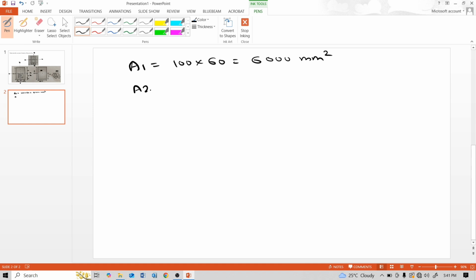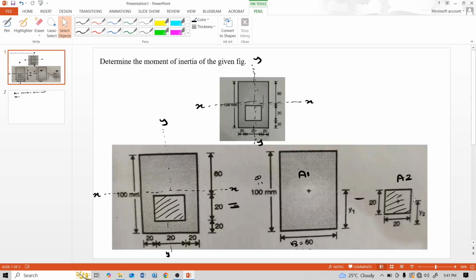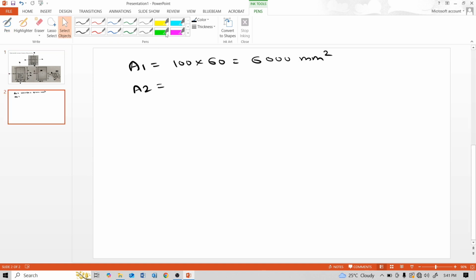And the area of the small part, with small d 20 mm and small b also 20 mm, is d into b, 20 into 20, that is 400 mm square.